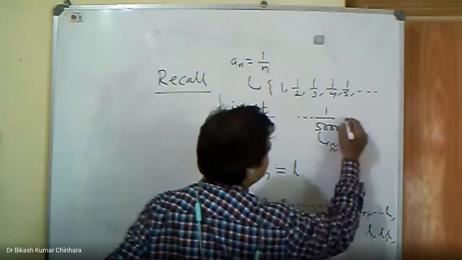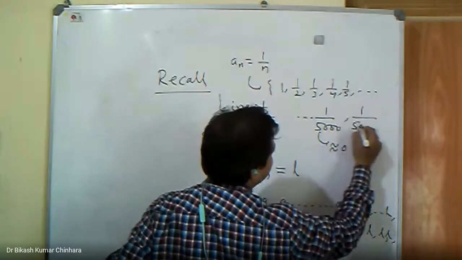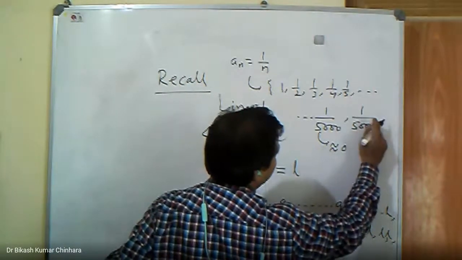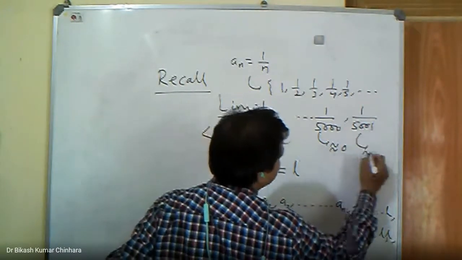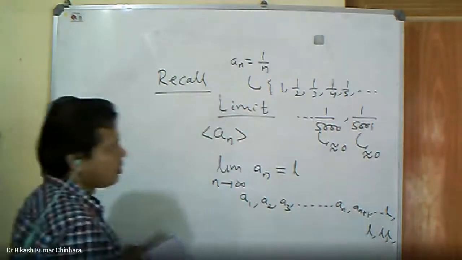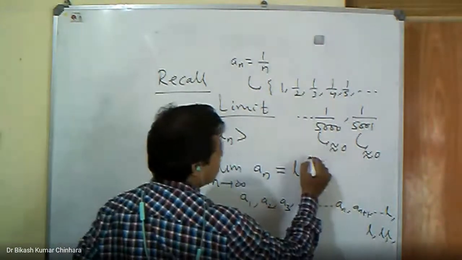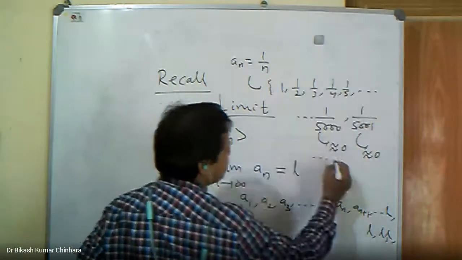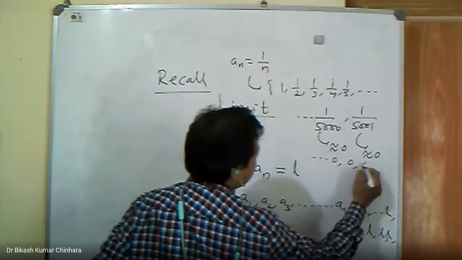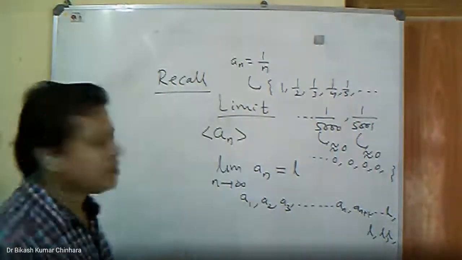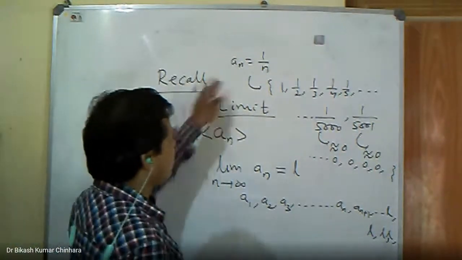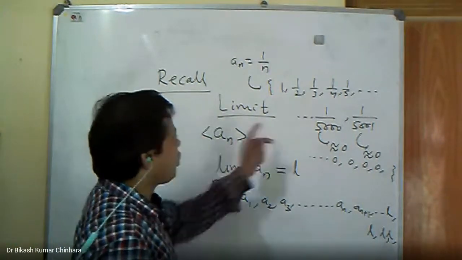Similarly, if you write the other term, 1 by 50,001, it is also almost equal to 0. So after many terms, you are having the elements of the sequence as 0.